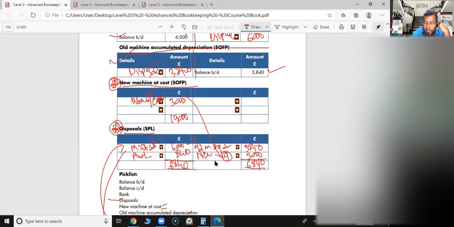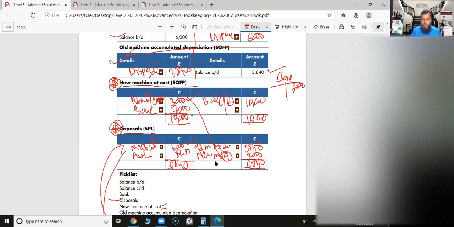The machine I exchanged is worth 3,000. Then from bank, I paid 7,000. So machine debit, and if I were to do a bank account, bank would have been credit. There is none given, but it could be asked in the exam. And that is my 10,000, and that is my 10,000 on the other side. Nothing to take here. All of it becomes your balance, CD.